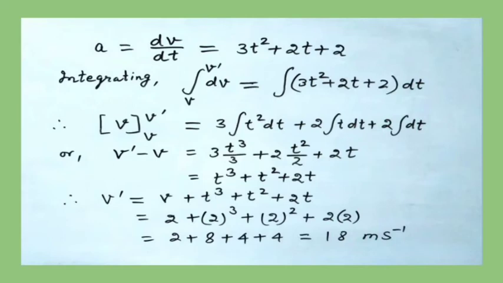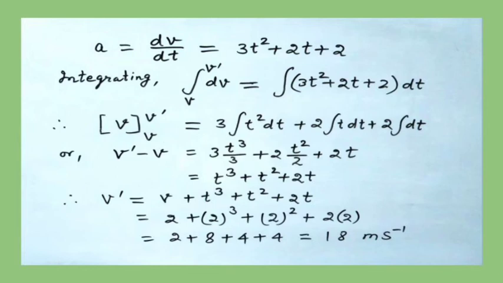The acceleration a is equal to dv by dt, which is here 3t square plus 2t plus 2. Integrating it within the limits v and v dash, integral dv is equal to integral 3t square plus 2t plus 2 dt, where v dash is the velocity at the end of 2 seconds.